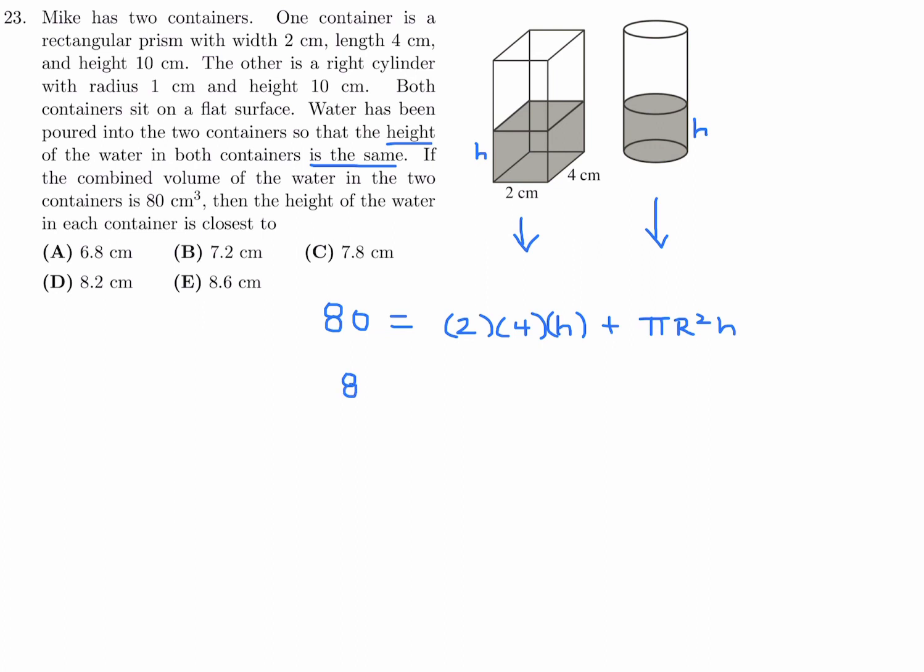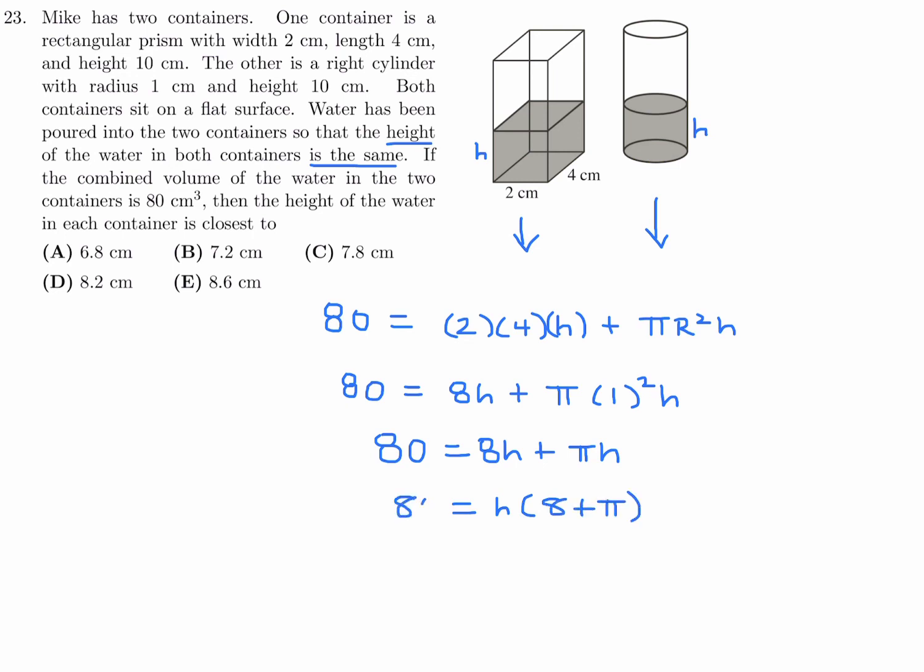So this becomes 80 is equal to 8h plus pi r squared h. Well, r is 1. That's given in the question, so this becomes 1 squared. So this now becomes 80 is equal to 8h plus pi h. Factor out the h and you get 8 plus pi times h is equal to 80.